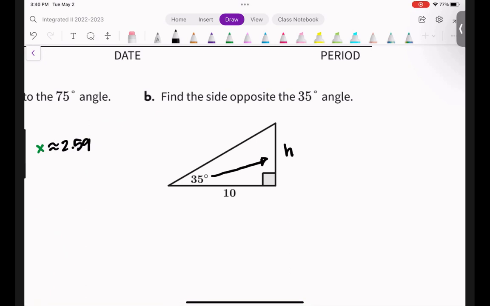Okay, now that you're back, we're going to write some equations. Some of you are getting in tune to this and you're like, it's not going to be sine because I don't know the hypotenuse. And that means it can't be cosine because I don't want to involve the hypotenuse. So it has to be tangent, right?